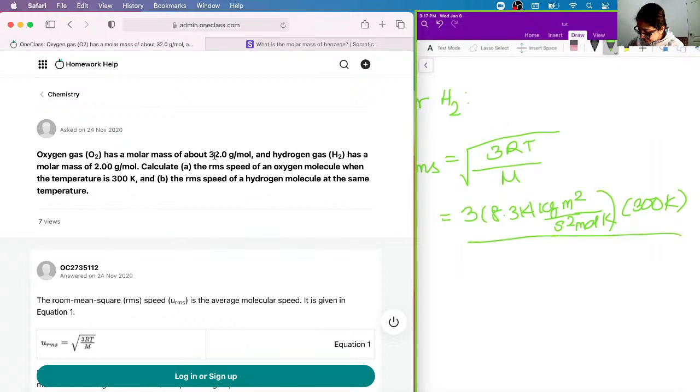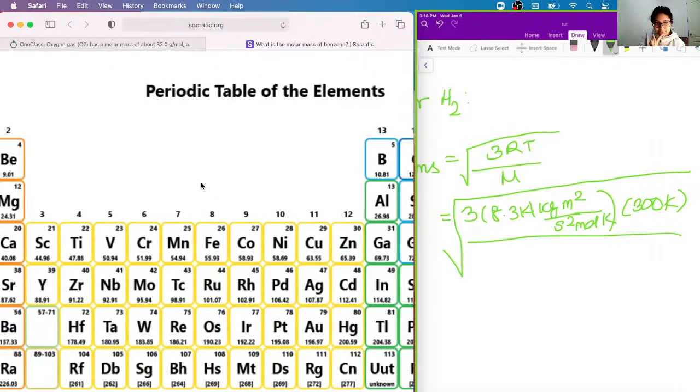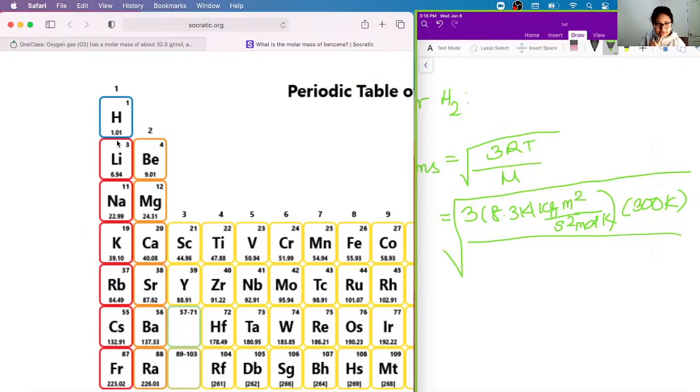All over the molar mass of hydrogen. If we go back to our periodic table, you can see that the molar mass of one atom of hydrogen is 1.01.